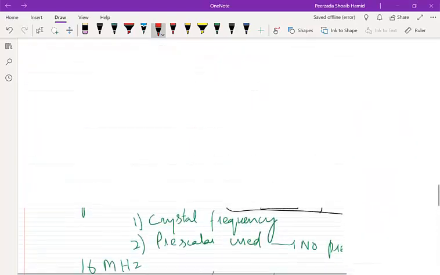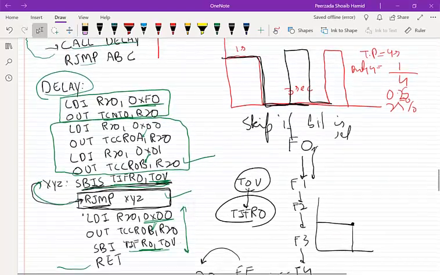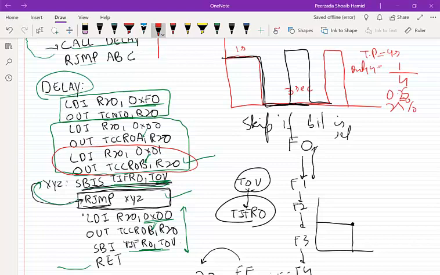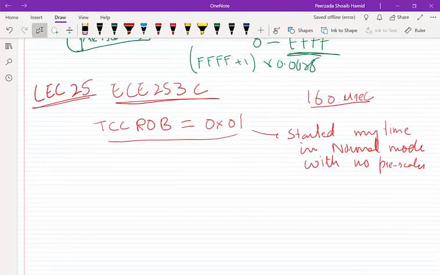These two instructions: I loaded 01 in R20 and then copied R20 into TCCR0B. This started timer 0 in normal mode with no prescaler.